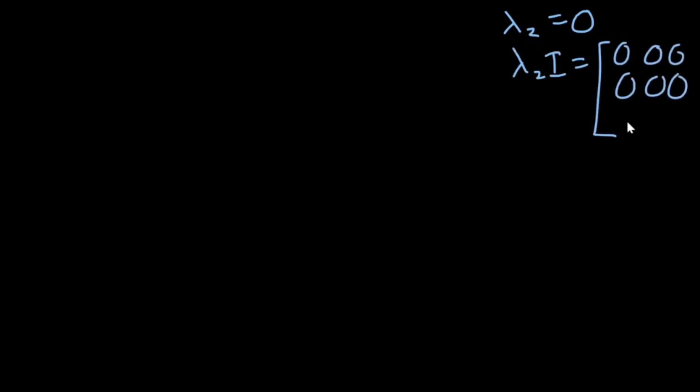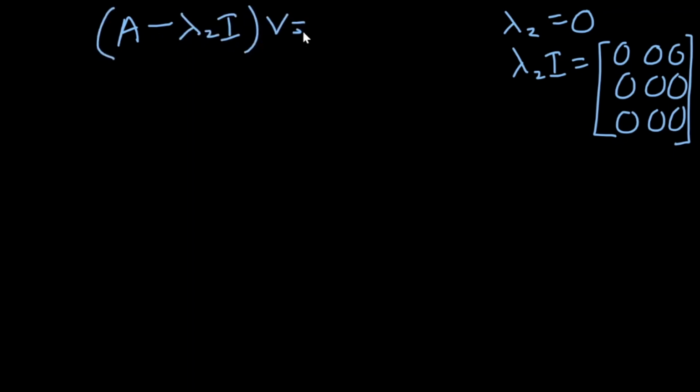So when lambda 2 is equals to 0, lambda 2 multiplied by I would be 0, 0, 0, 0, 0, 0, 0, 0, 0. So A minus lambda 2I multiplied by V2.